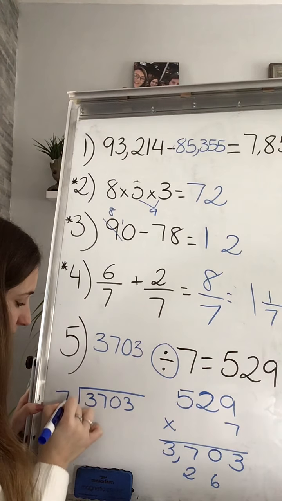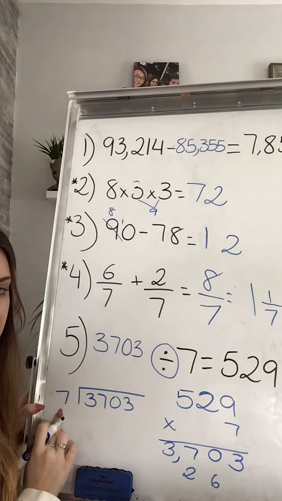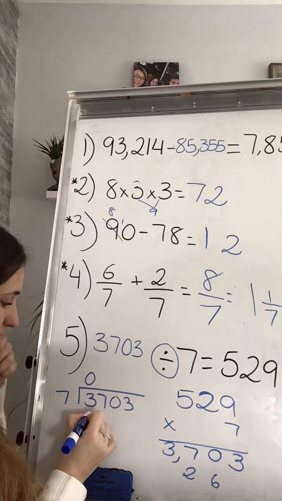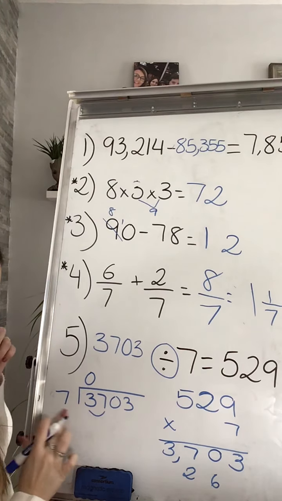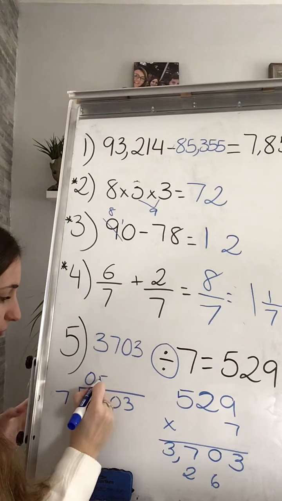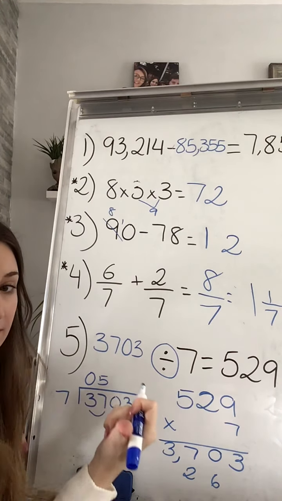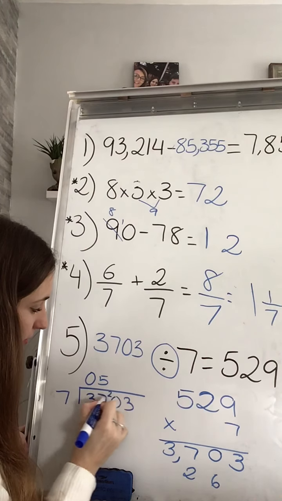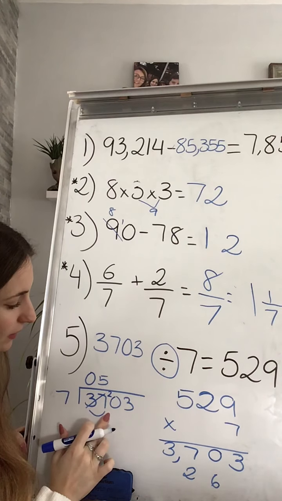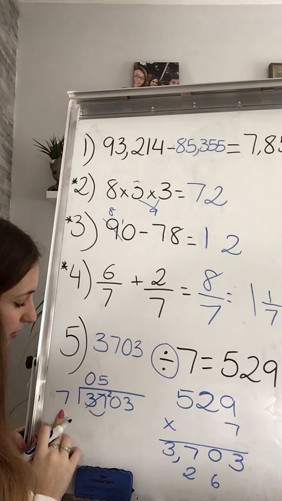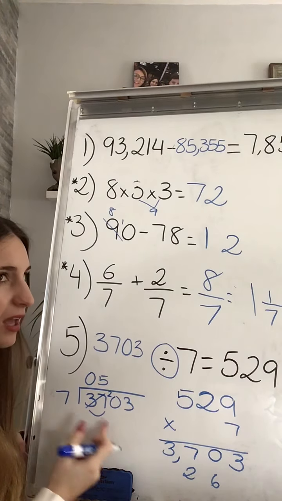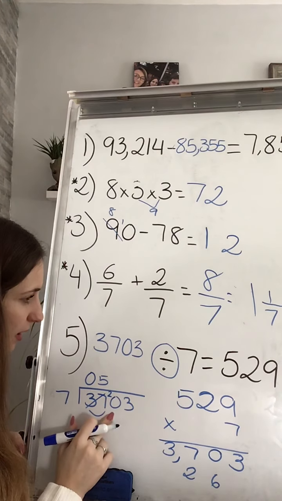3,703 divided by 7. 3 divided by 7, I cannot do that, so I'm going to get 37. 37 divided by 7, 5 is my closest. 5 times 7 is 35, 36, 37. 20, is 20 on my 7 times table? 3 times 7 is 21, so I'm going over.